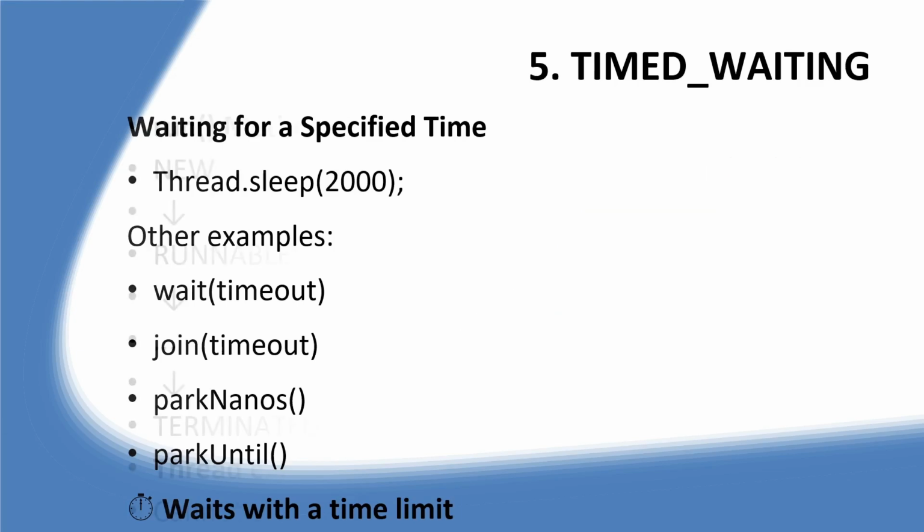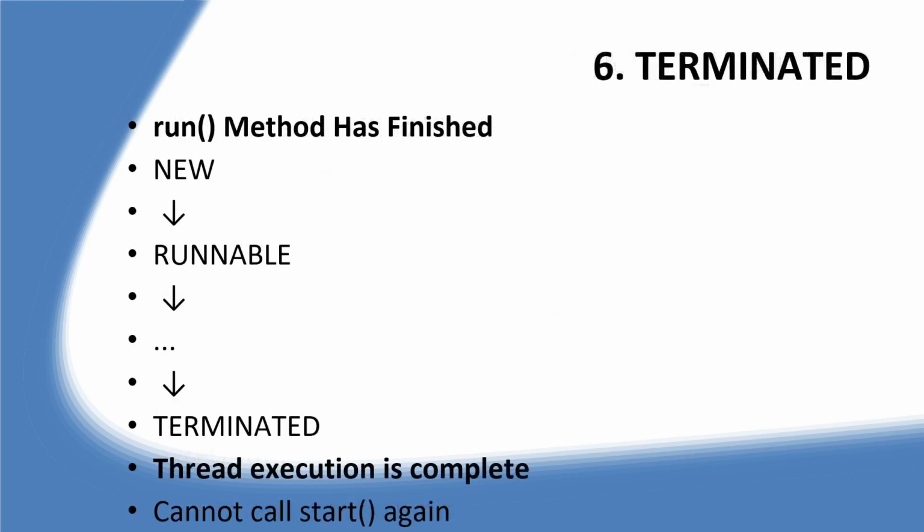Now we will move on to the final state, the terminated state. A thread enters the terminated state when its execution has completed. In other words, its run method has finished. The run method carries the task, the work that needs to be done as part of this thread.